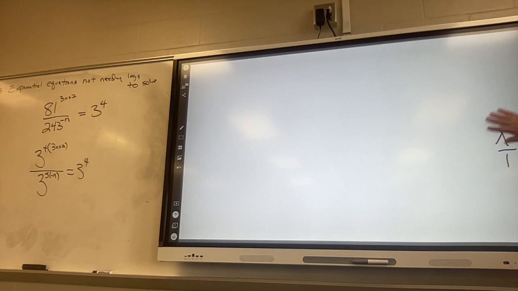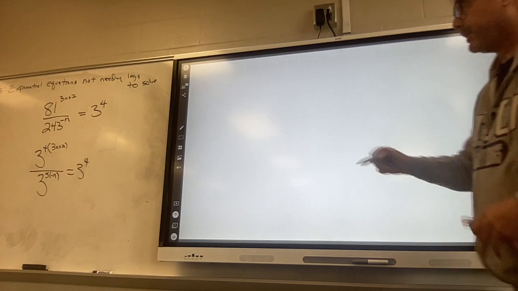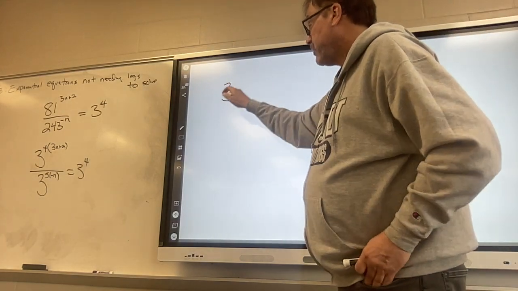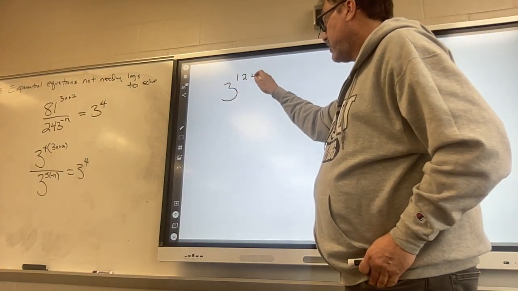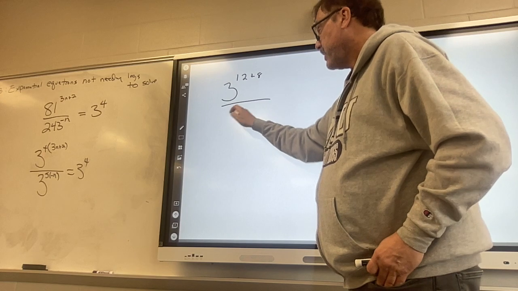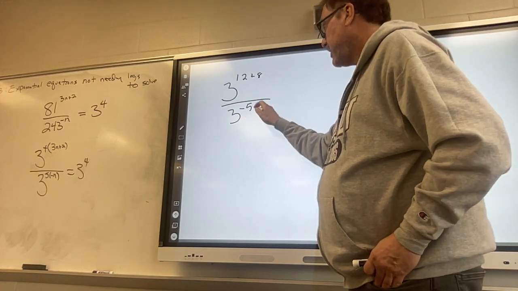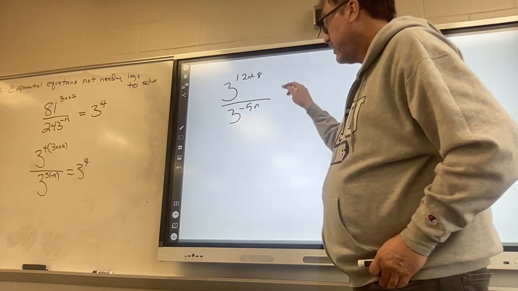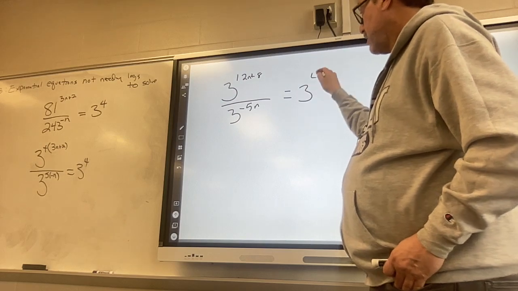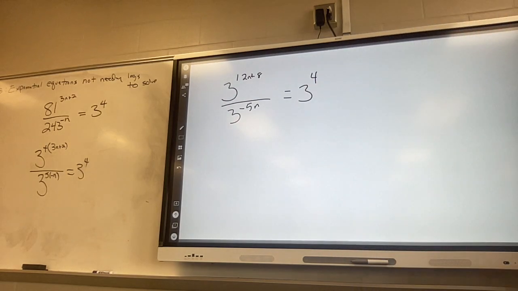Distributive property. 3 to the 12n plus 8 over 3 to the -5n. I need an n here. Oh, that poor little kid. The 3 to the -5n has a negative attitude.